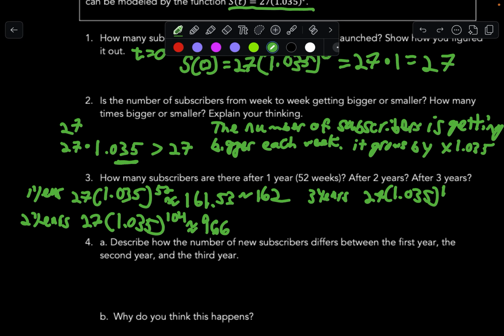All right, so we go 27 times 1.035 raised to the 156th power, and that comes out to be 5,782.